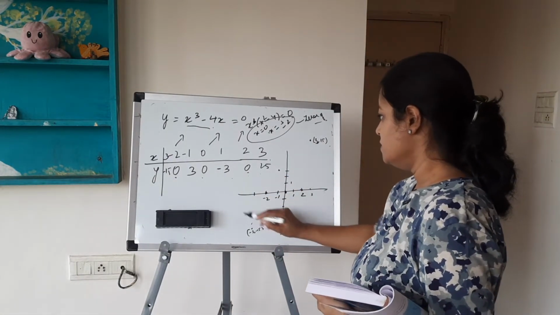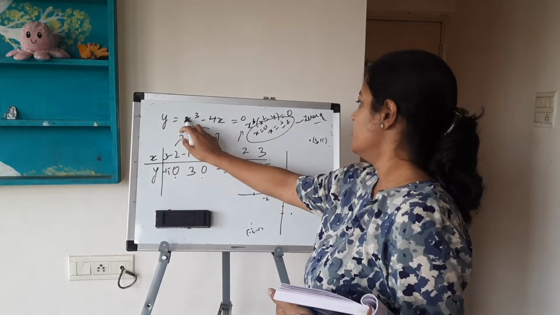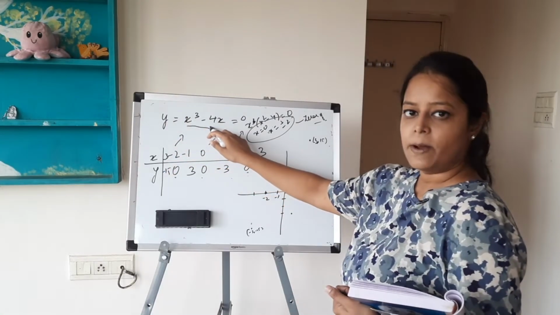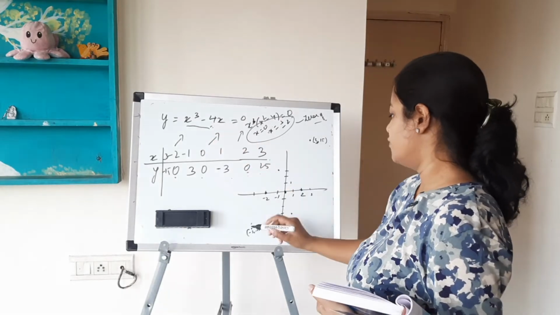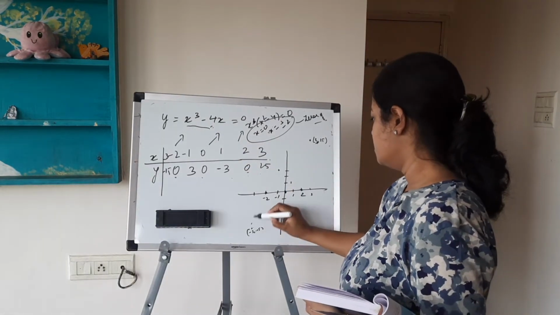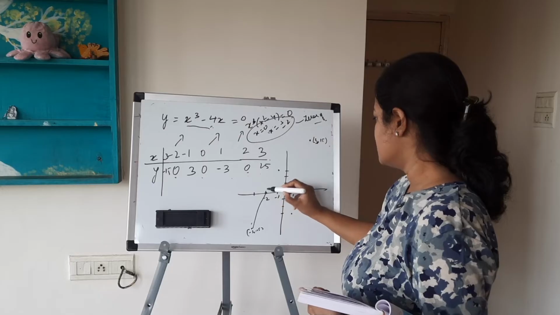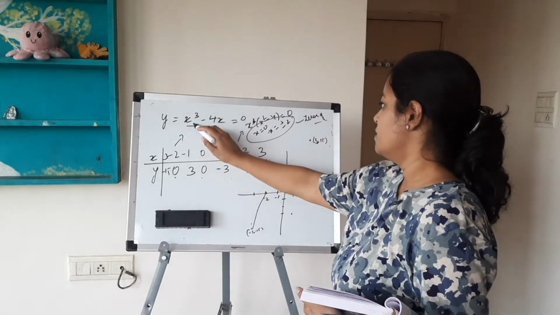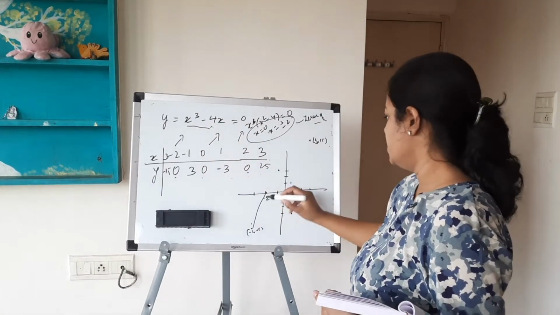So for example, if you put minus 3 here, minus 27, plus 12, just minus 15. So it's starting from here, minus 2, it's hitting the x-axis, minus 1, plus 4, 3.